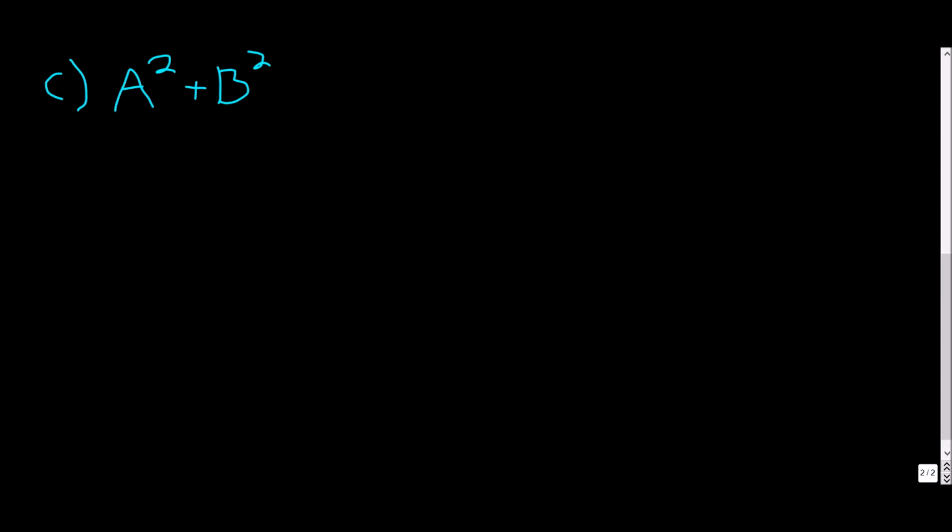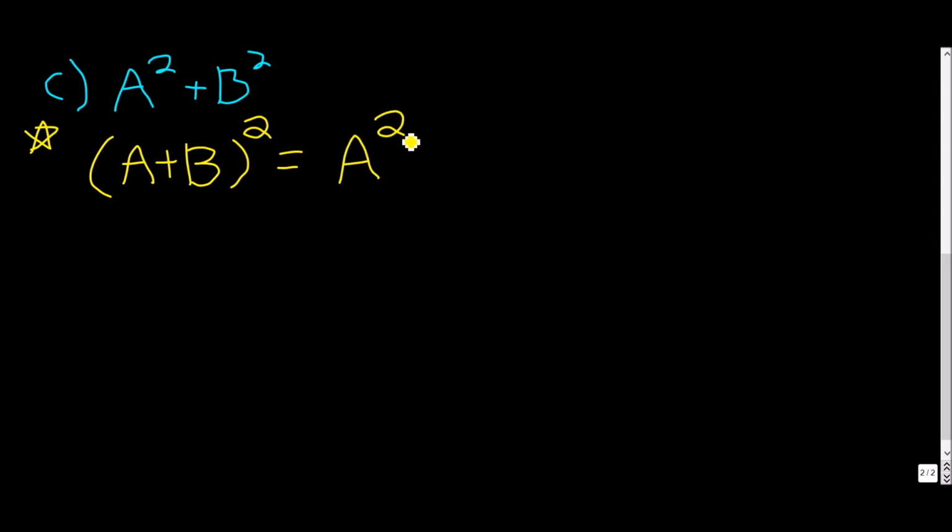If I see alpha plus beta squared, one thing I know is that alpha plus beta squared makes alpha squared plus 2 alpha beta plus beta squared. While I don't know what alpha squared or beta squared is, I do know what alpha plus beta is, and I do know what alpha times beta is.